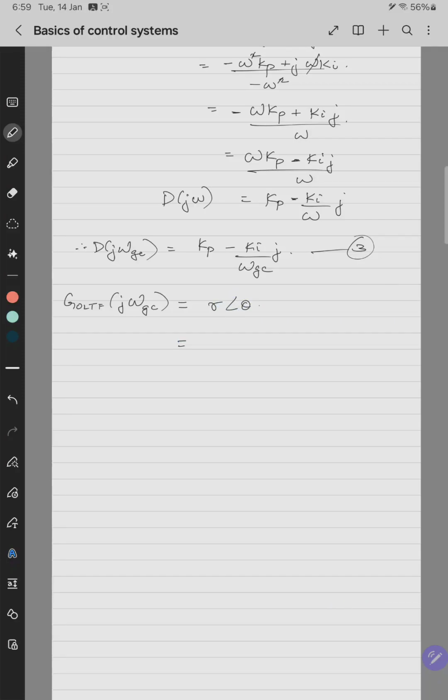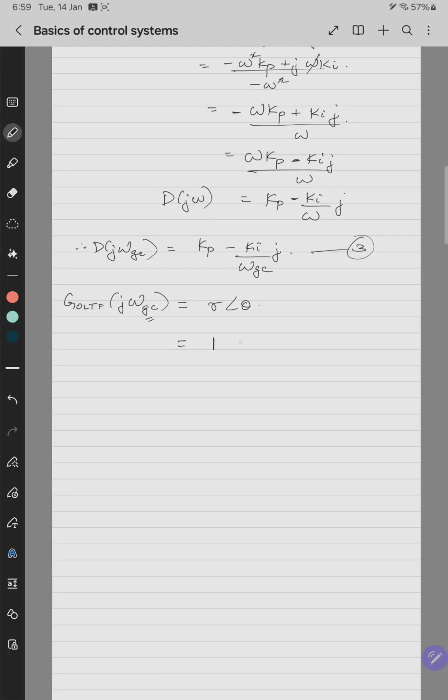What is R? Just like what we did for the plant, we'll do for the open loop transfer function. That is, what is the gain in absolute value when the frequency is at omega gc? Gain crossover means the frequency at which the Bode plot crosses 0 in decibel or 1 in absolute. So it is 1.